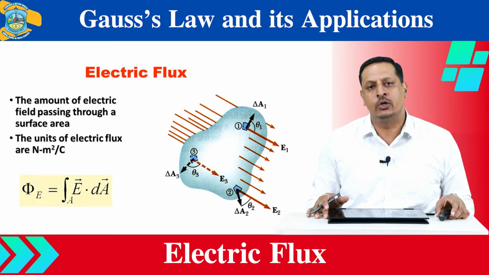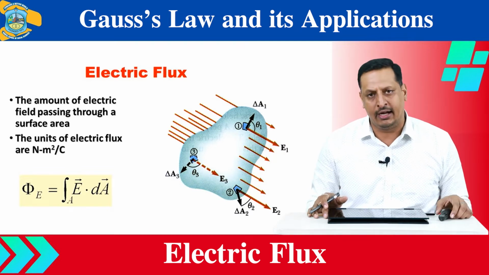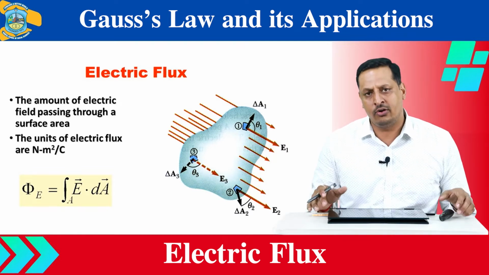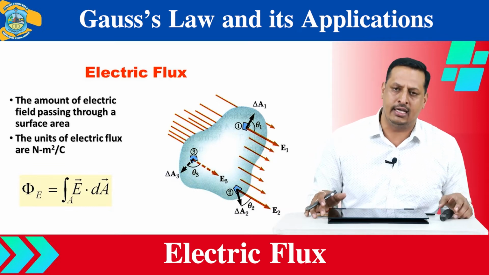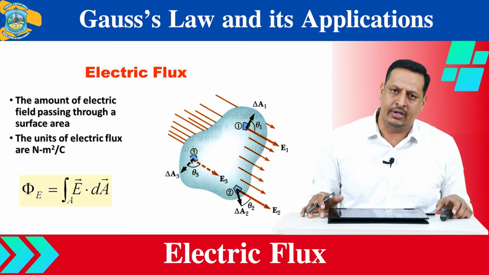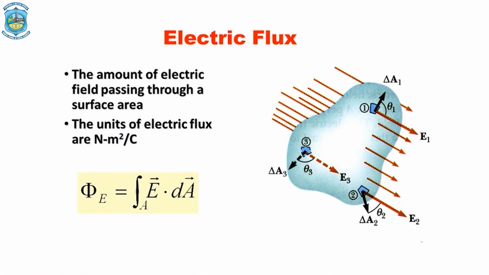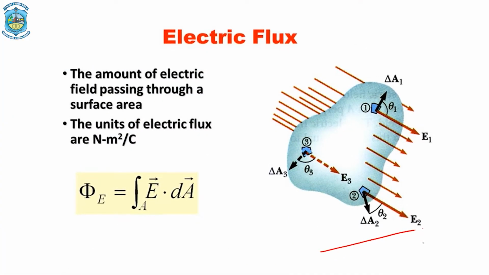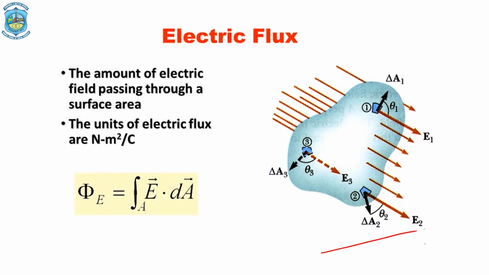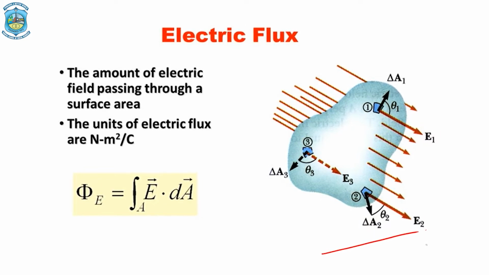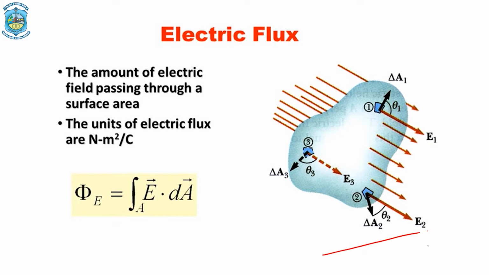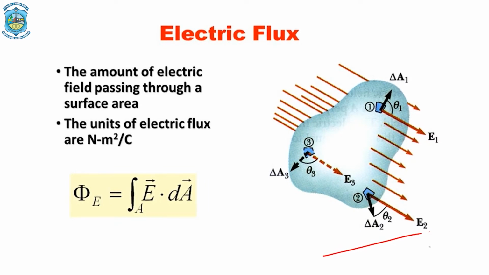For this, we need to understand the concept of area vector. The area vector of any surface area is always taken normal to the surface, directed outward. Here in this diagram, you can see that we have taken an object of irregular shape, and at three different locations we have taken three different areas which have different orientations.